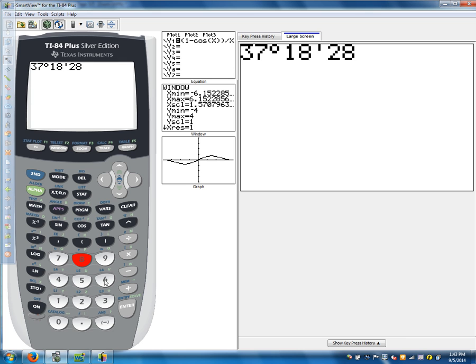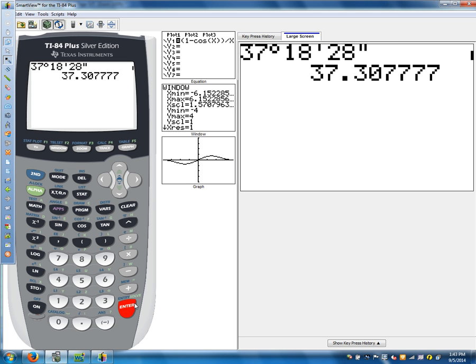The seconds are not in the angle menu. They're down here above the plus button. So the little green ones by the plus button here. So I do alpha plus. There's 37 degrees, 18 minutes, 28 seconds. I hit enter, and that's 37.308 degrees. So our calculator will do that conversion.